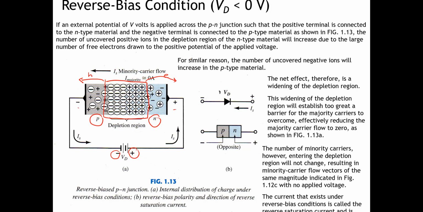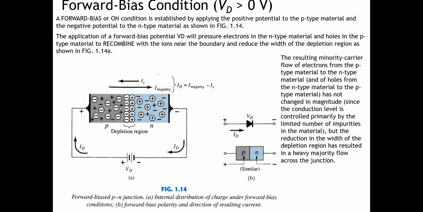It's like a high wall between the p-type and n-type, so the carriers cannot flow from the n-type to the p-type or from the p-type to the n-type. So the majority carrier flow is 0, and we can see from here that I majority is 0.